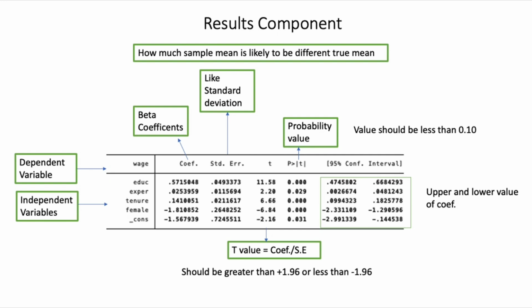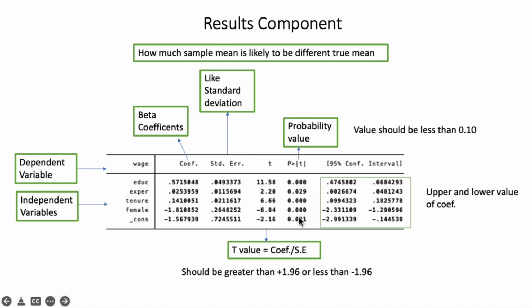If this value was say 0.029, so if you subtract this from 1, you end up with maybe 97% confidence that if I were to rerun the regression with a different sample, I'd get the same coefficient for experience, or a relatively similar coefficient for experience.